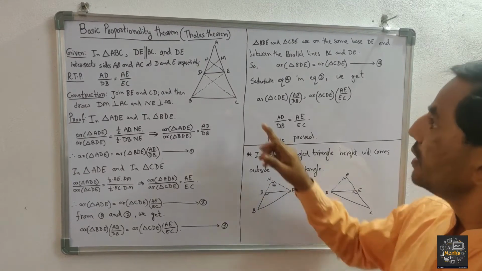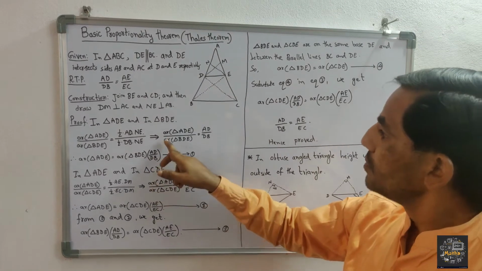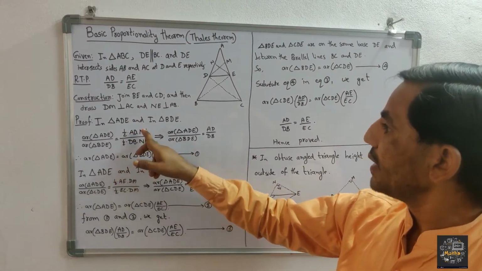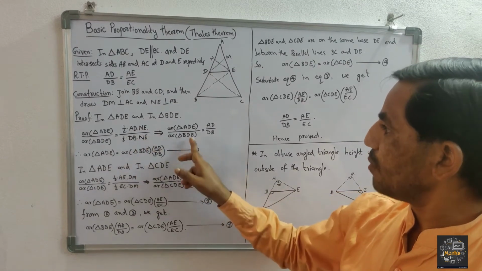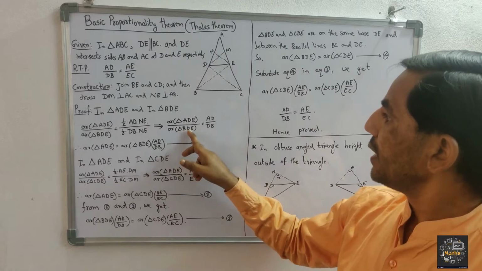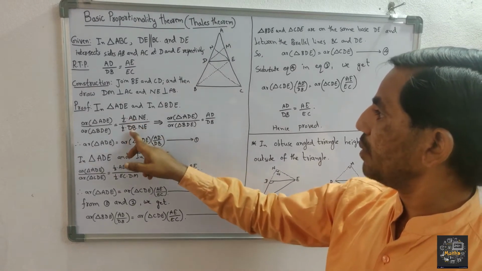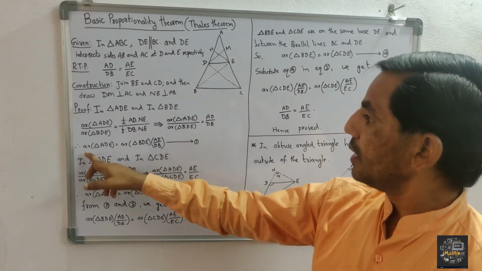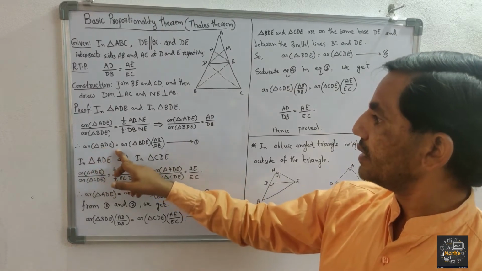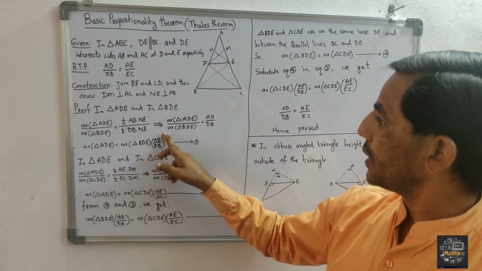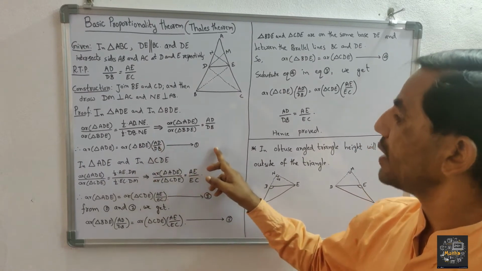Next, half cancels and NE is cancelled. Remaining, area of triangle ADE by area of triangle BDE is equal to AD by DB. And taking cross multiplication, area of triangle ADE is equal to area of triangle BDE into AD by DB. This I take as equation number 1.